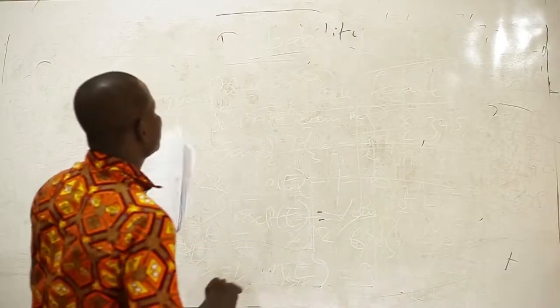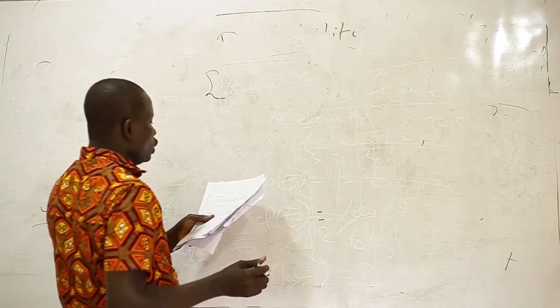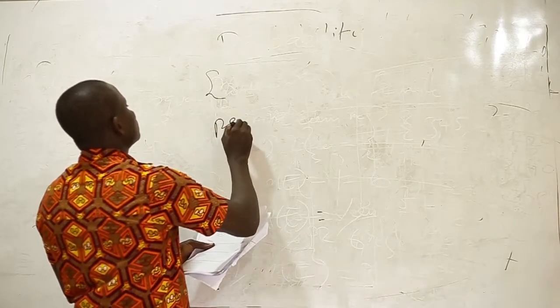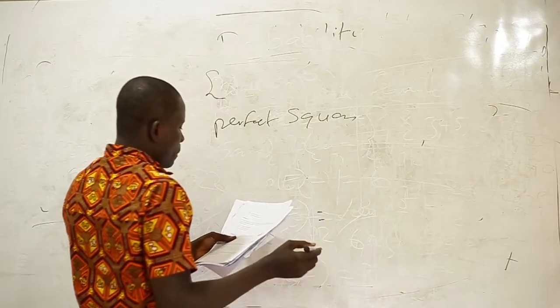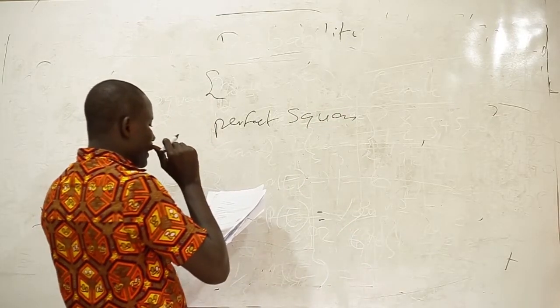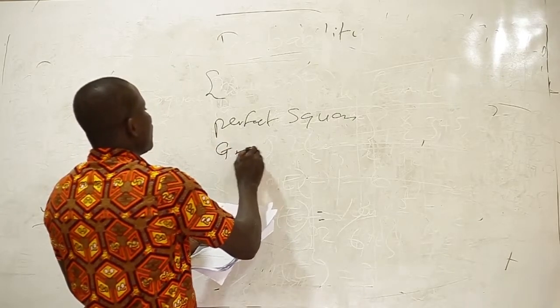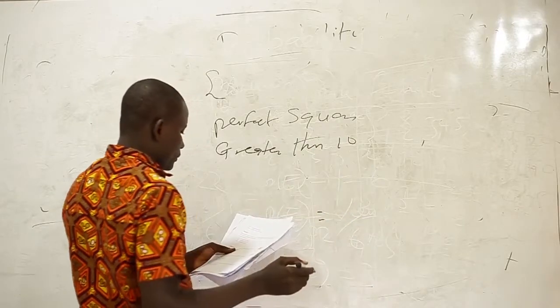So you have to do it. I'm just giving you the clue. You are finding the probability of what? A perfect square, which is the A part. The B part is a number greater than 10.